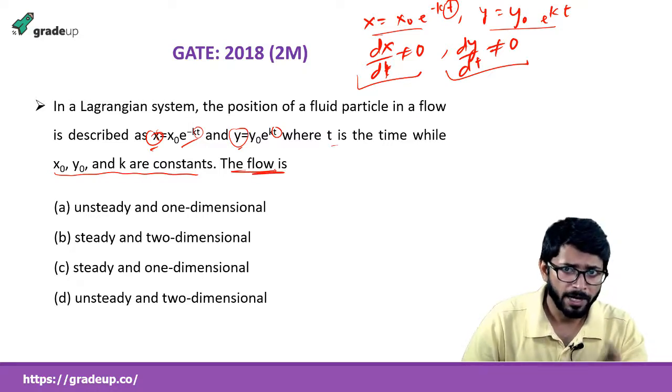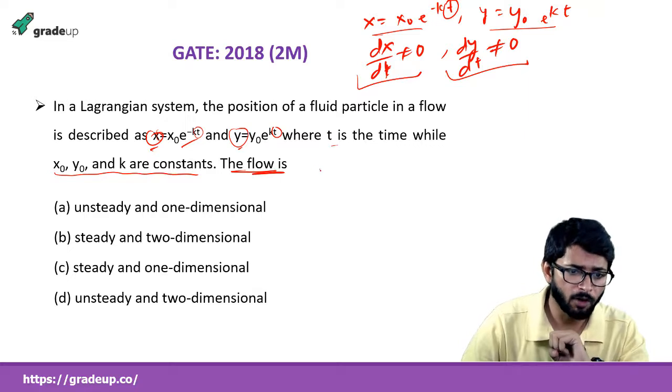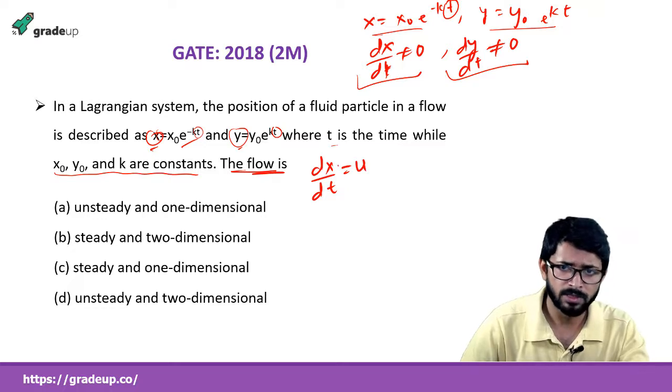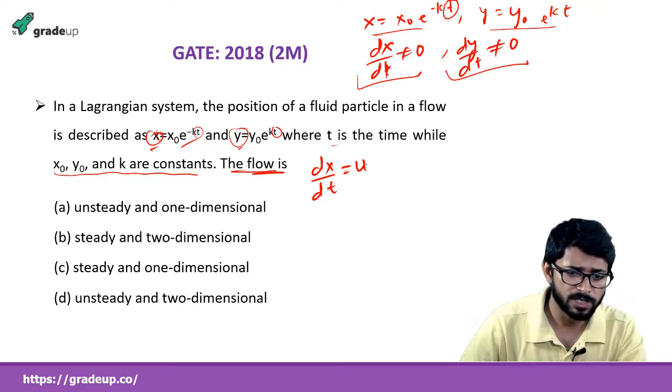So we have to find out the velocity. How can we find it? We can find dx by dt, which is equal to u. x is the position vector, and we take its derivative with respect to time. We will get the velocity in the direction of the x axis, which is u.